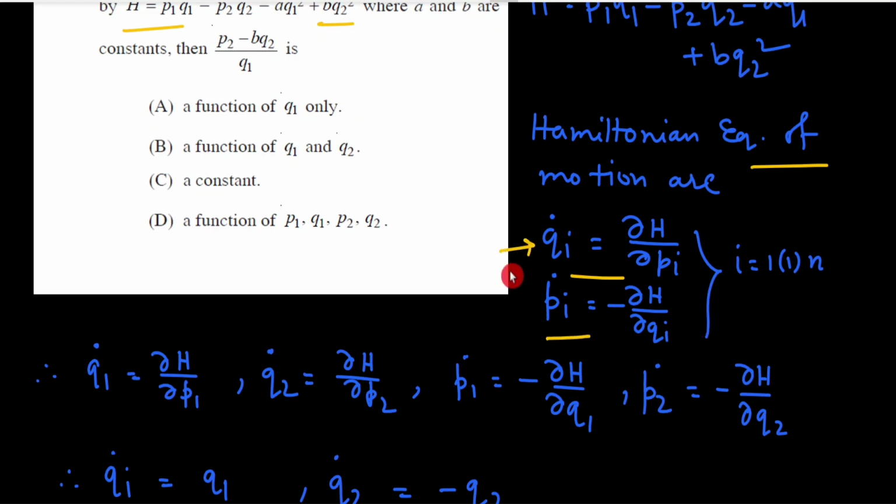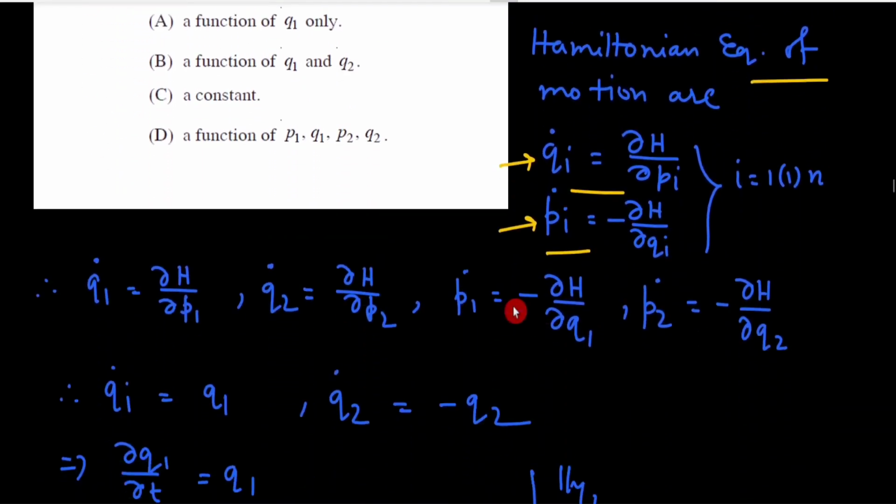Here the Qi are the generalized coordinates and Pi are the momenta. Now we have Q1 dot equal to del H del P1, Q2 dot equal to del H del P2, where i equals 1 and 2 here. P1 dot equal to minus del H del Q1 and P2 dot equal to minus del H del Q2.